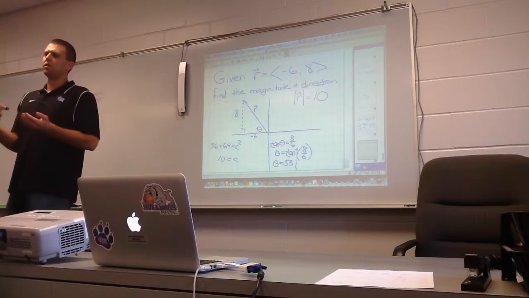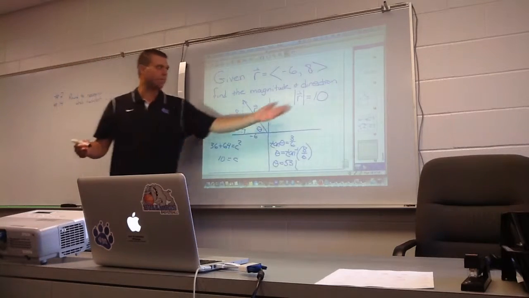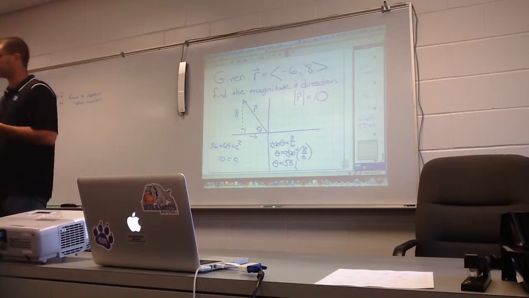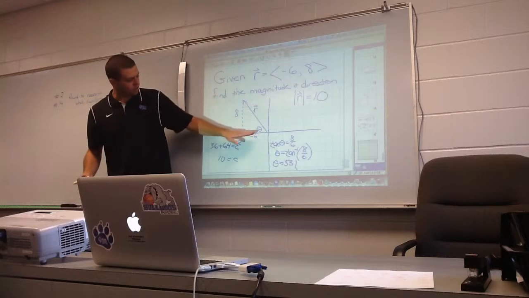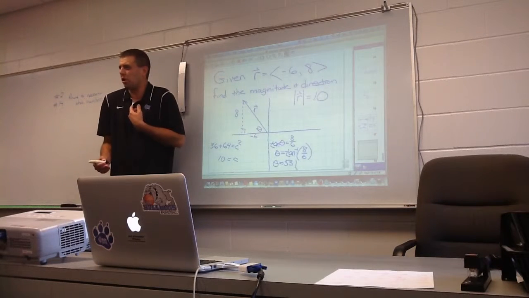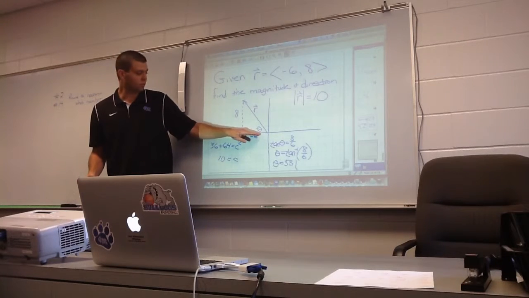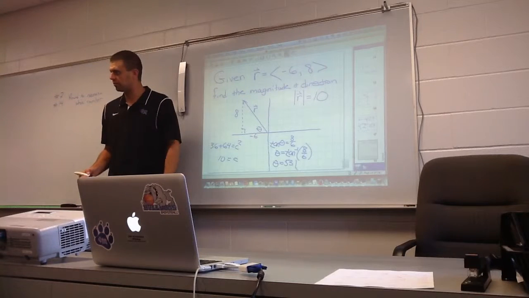So now I'm going to give you 3 different ways to label the direction. We got our magnitude done, but now we also got to list the direction. Because this right here is 53.1 degrees, and this would probably be my choice so I don't have to think very hard, I would probably just say 53.1 degrees north of west.